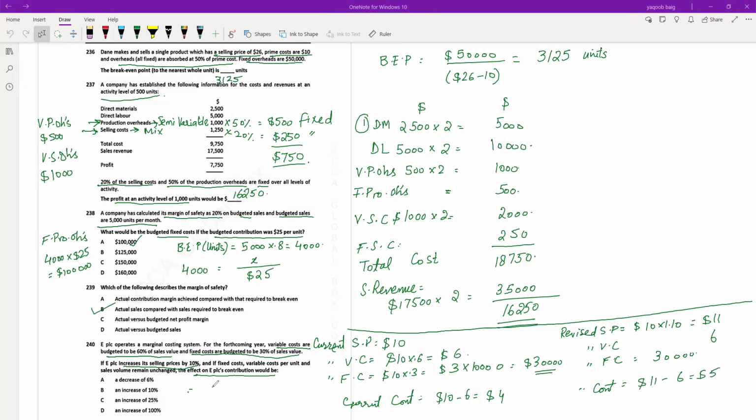So now we can calculate increase. 5 minus 4 divided by 4 into 100. So there is increase in contribution by 25%. So contribution is rising by 25%.